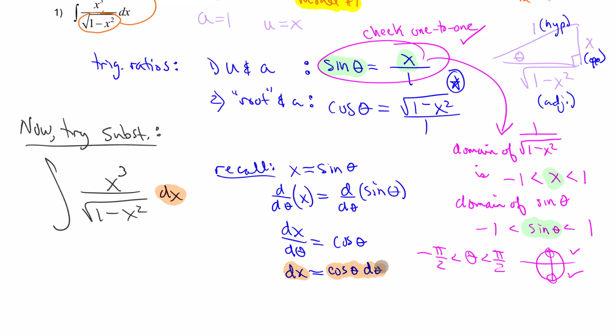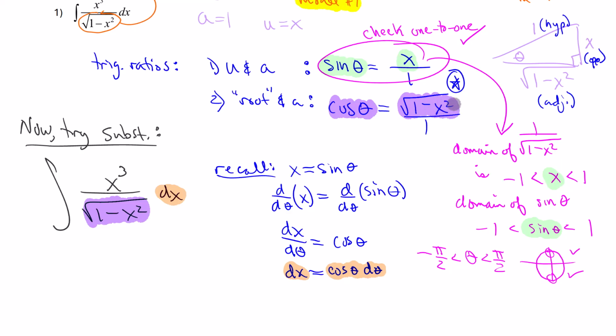So doable. Furthermore, as we already noted, let me highlight this as well, the square root of 1 minus x squared, which was our original denominator, that's replaceable with just cosine theta because of the way those ended up equal in our ratio.